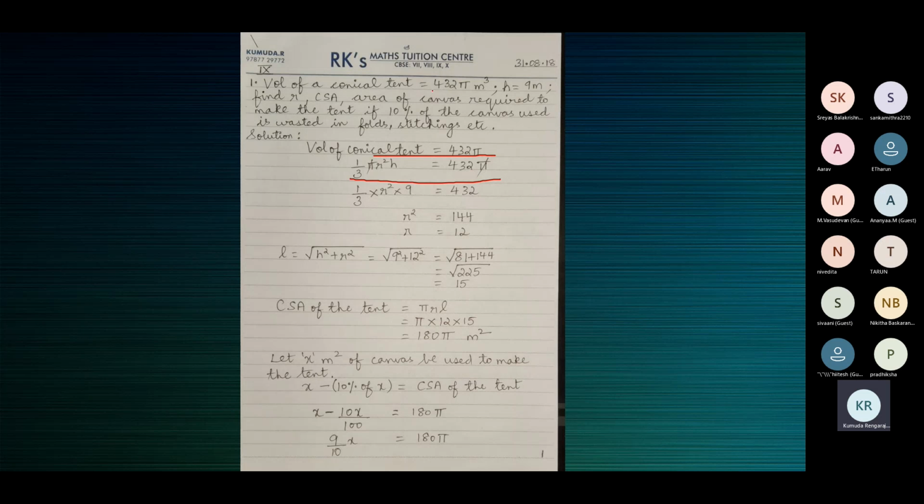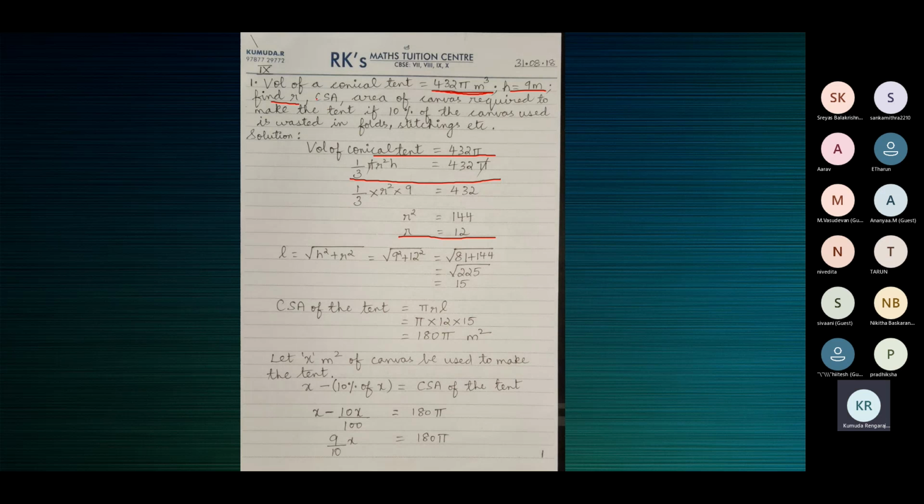This is the volume of the conical tent. The height is given to us. So using this equation, you should be able to find the value of r. Pi gets cancelled on both sides and simplifying, we get r square is 144, r is 12. We have to first find r. We found r is 12.